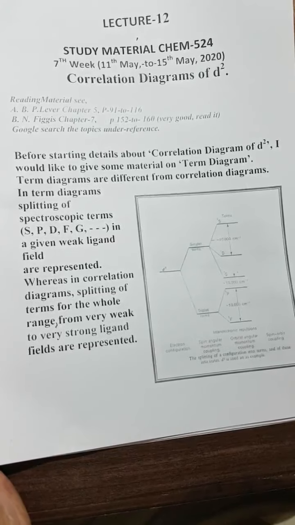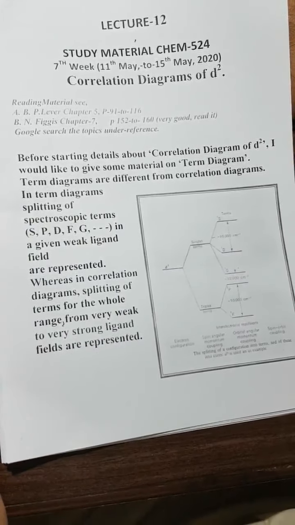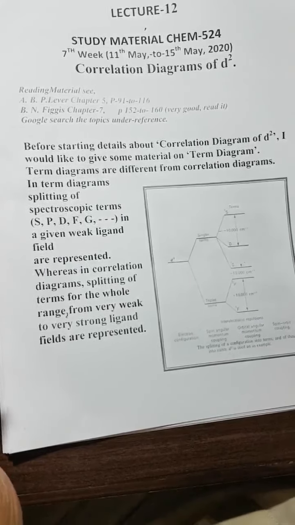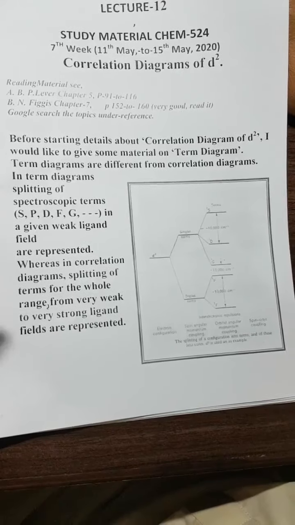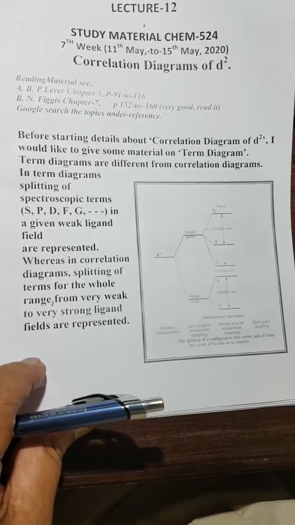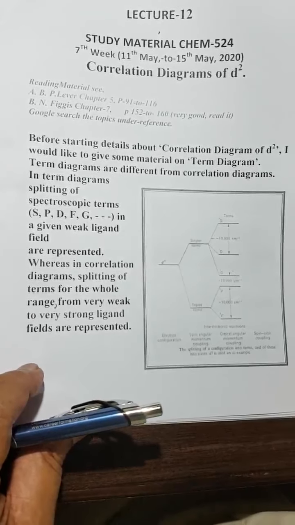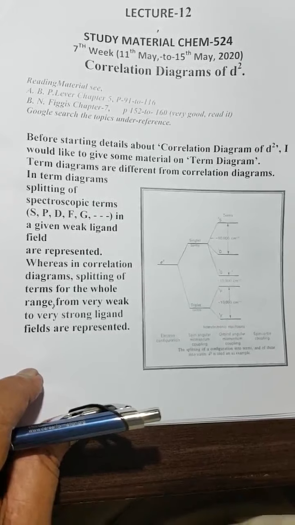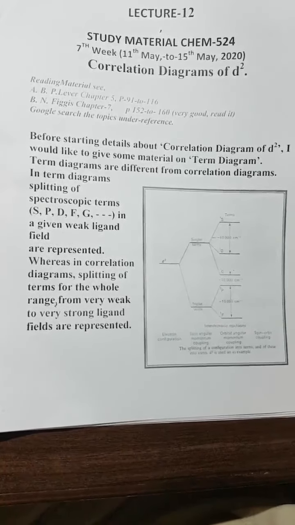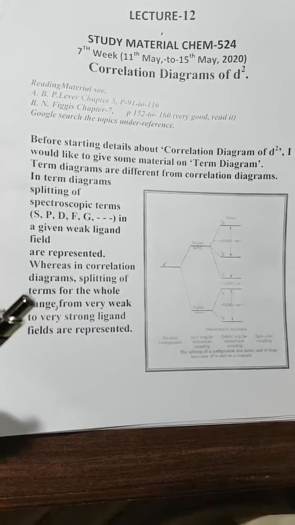Now D2 is different. There are two electrons, and they must interact with each other. Inter-electronic repulsion means this is no longer a simple case, but as you will see, it is not difficult either. The key things are what the correlation diagram is, what the term diagram is, and what the benefit of this correlation diagram is.